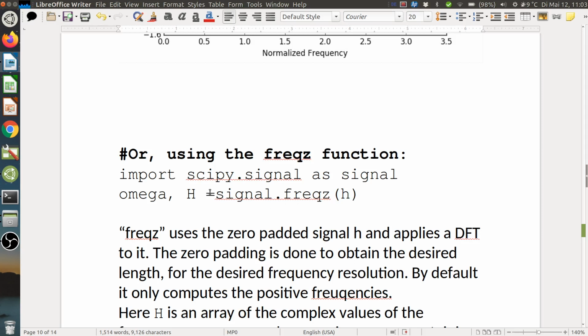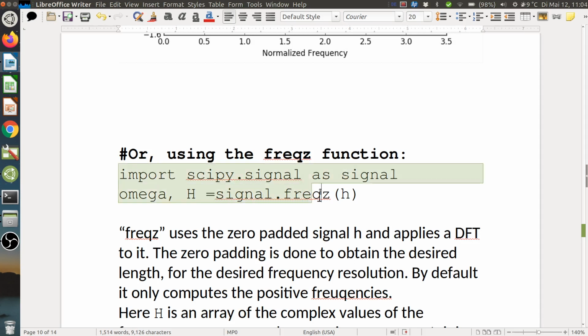So here you can see the result. Well, the argument first is again our coefficients, the impulse response h. And the result it returns is capital H, which contains the complex valued frequency response sampled at frequency points which are in this array omega. So pretty much like we just did.